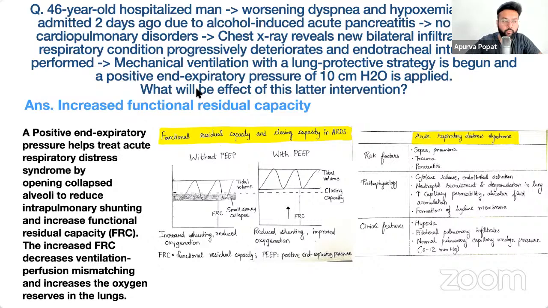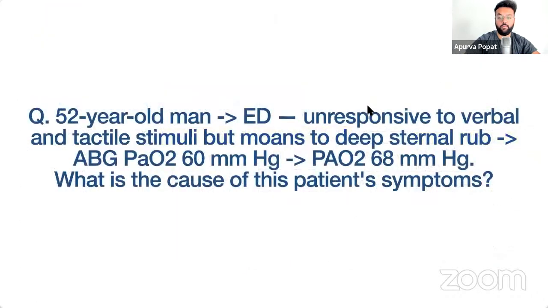Would you increase the PEEP so much in patients having ARDS? No. Why? What will it do? Barotrauma. When you increase PEEP so much, the alveoli will rupture, you get barotrauma and might get pneumothorax because of very, very high pressure.